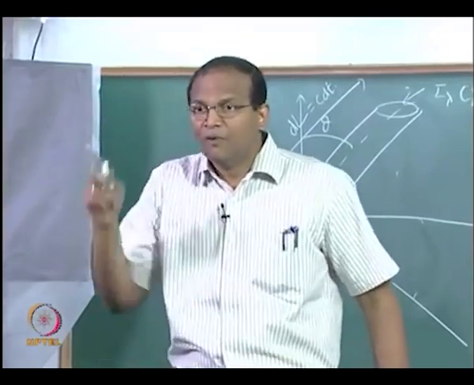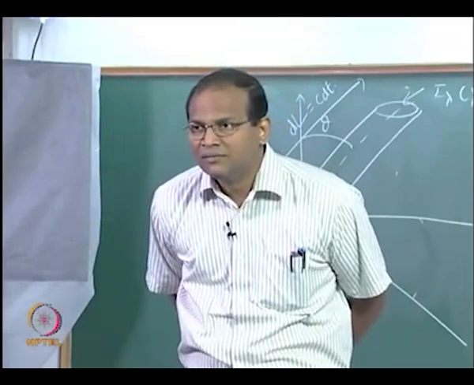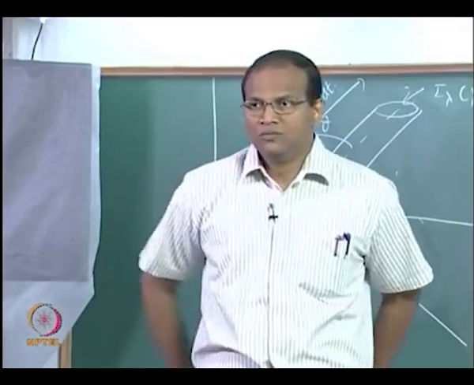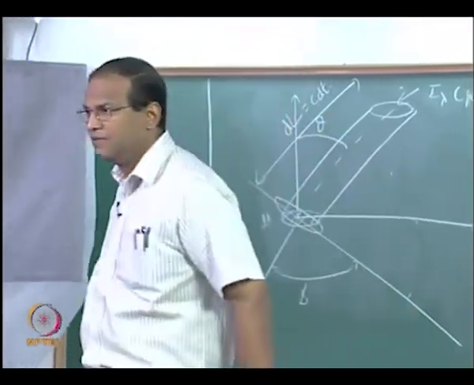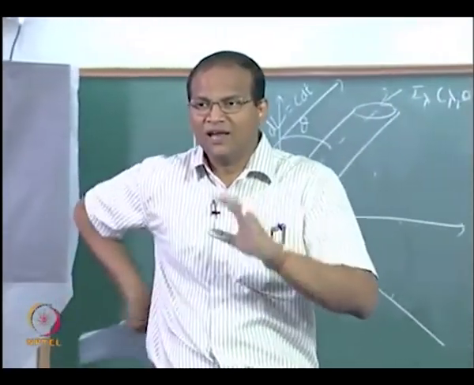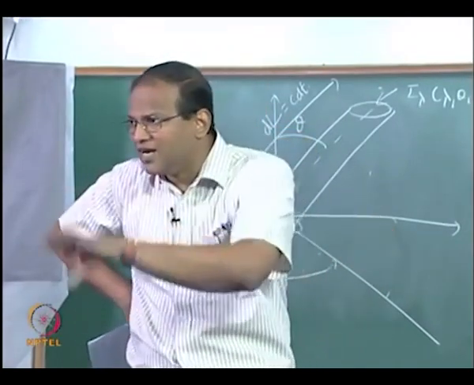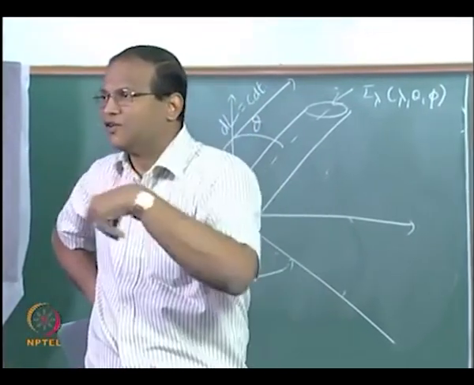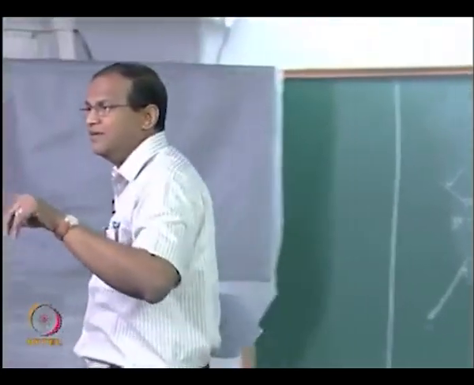So in the numerator I will have joules, in the denominator I will have meter cube, and I will call that the radiation energy density. But the radiant power inherently has I lambda. So on the right hand side I will continue to have I, and on the left hand side I will have U. Therefore now I get an expression for the internal energy as a function of I. Ten minutes back I got a relationship between pressure and I. So with pressure and internal energy I can keep on working, and if I get a relationship, finally I can put all this in terms of I and get I as a function of temperature, because I am able to exploit TdS = dU + P dV.